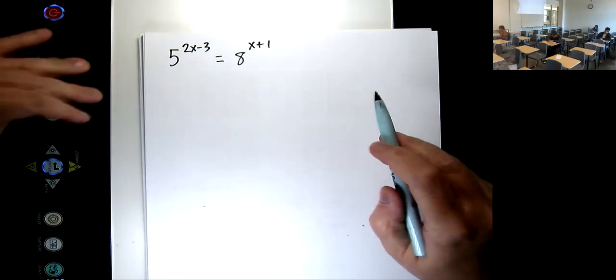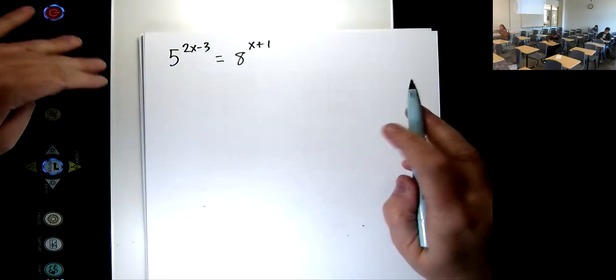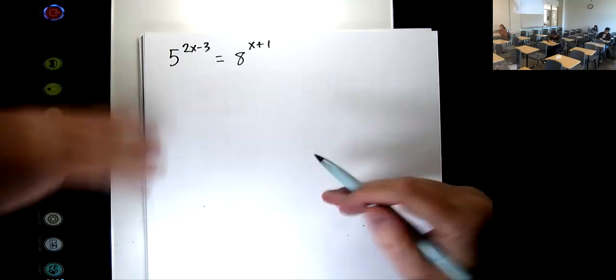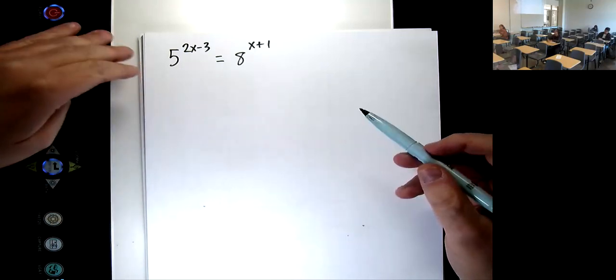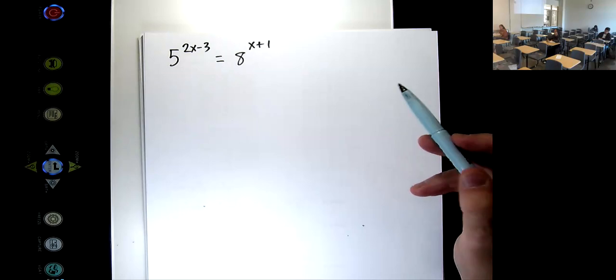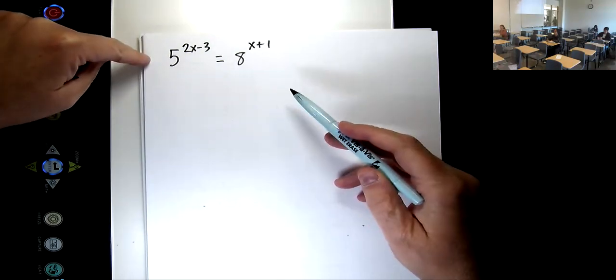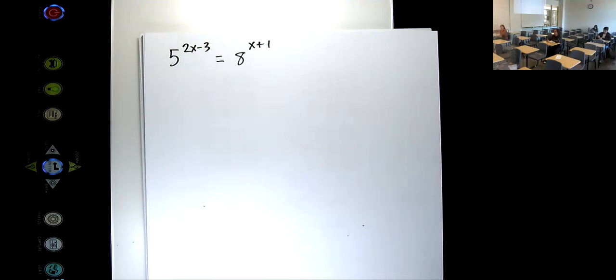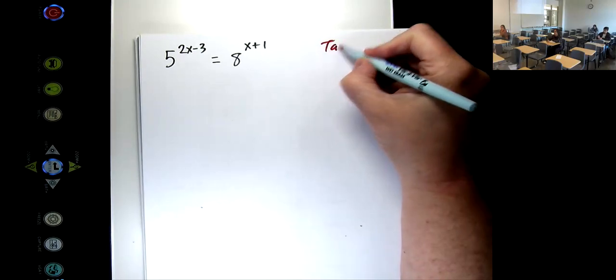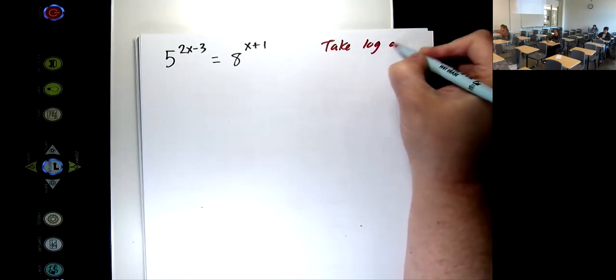I've got different bases on both sides. So even swapping them in and out using the way we learned in previous chapters isn't going to help, because if I do it to one side, I have to do the other, but it's not going to help anything. So what can help is just taking the logarithm, take log or ln of both sides.